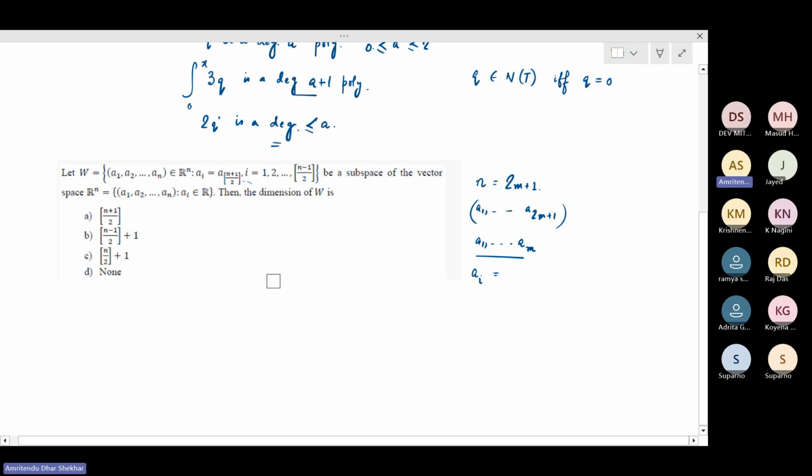So here the problem says that AI is equal to a of n plus 1 by 2. Okay. So here, let's say n is equal to 2m plus 1. Then that means that this is equal to a of m plus 1.